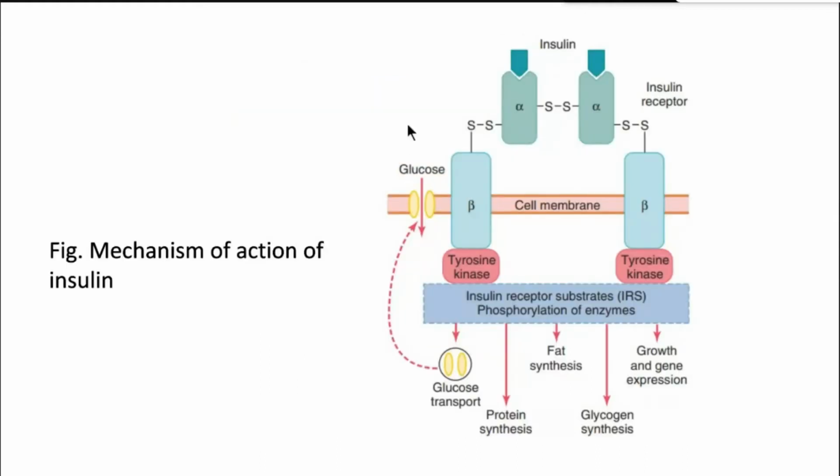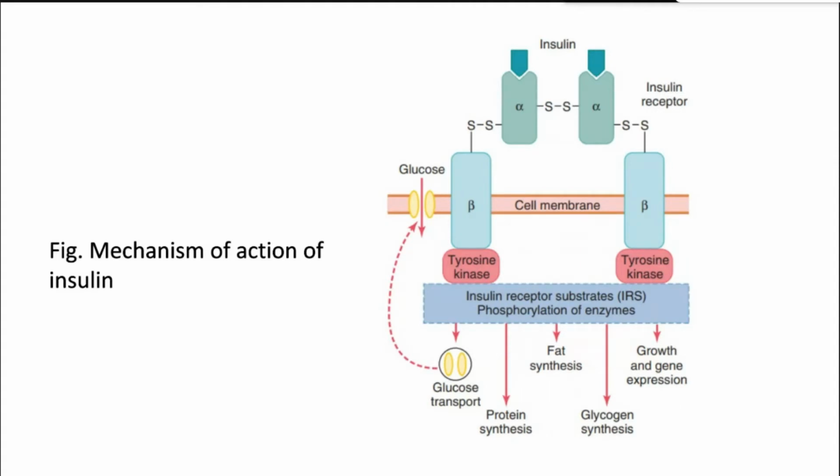Now, once insulin is secreted, it will be transported in the plasma in the free form, and it reaches throughout the body by blood flow. Now, in the different target organs, we know all of the cells will need glucose, but the mediation of insulin is not equal for all of the cells.